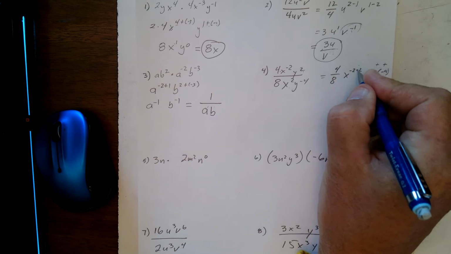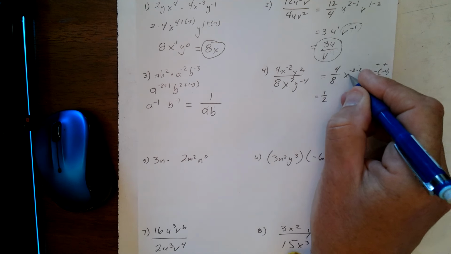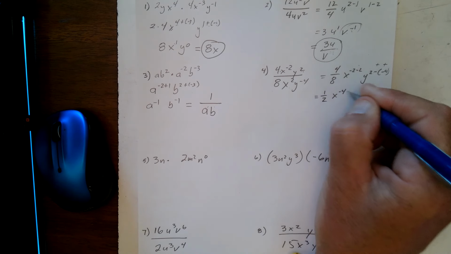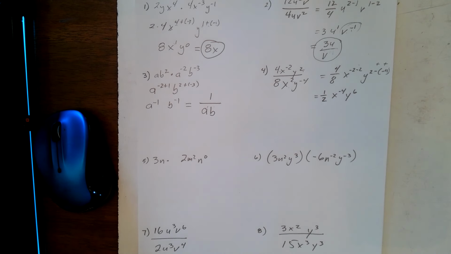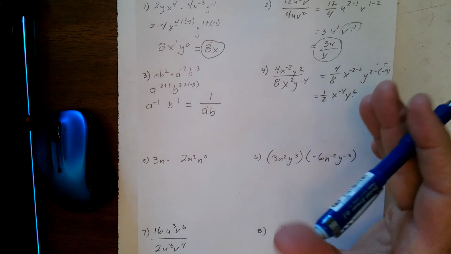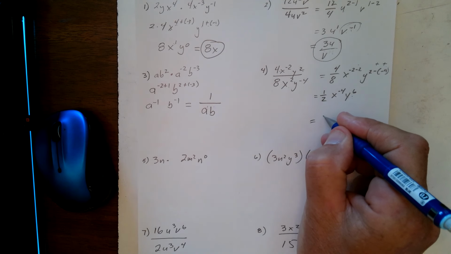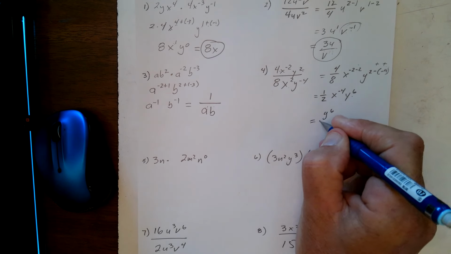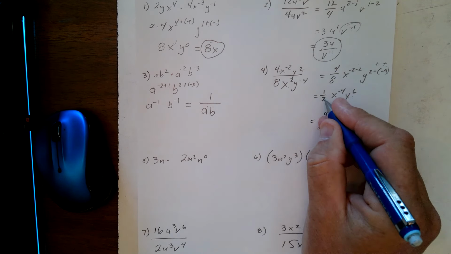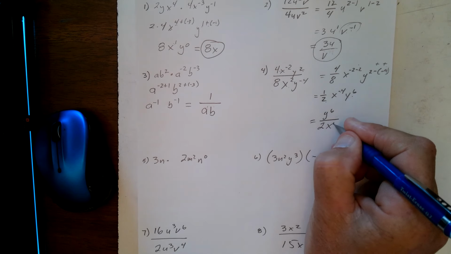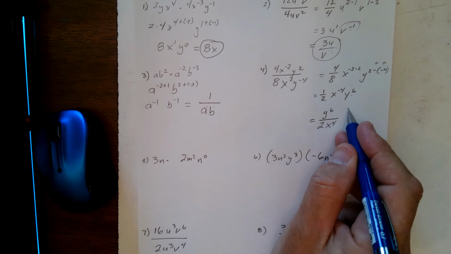So that gives me 1/2 x to the negative 4, y to the 2 plus 4, y to the 6th. Now y to the 6th can stay on the top in the numerator. The x to the negative 4 gets sent to the denominator, so you get 2 x to the 4th in the denominator. There's your answer for that one.